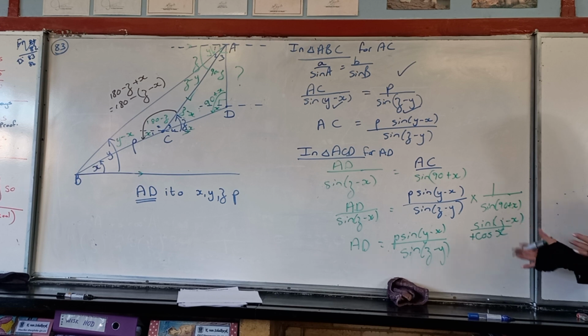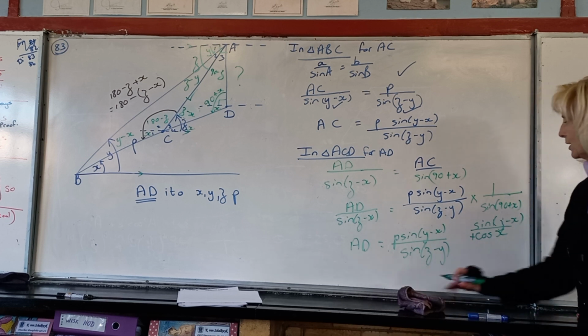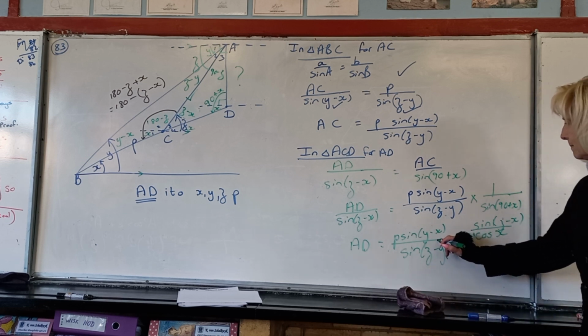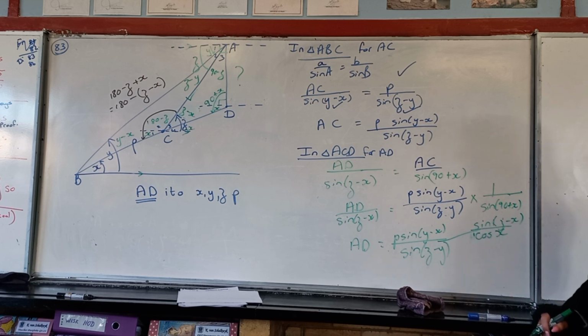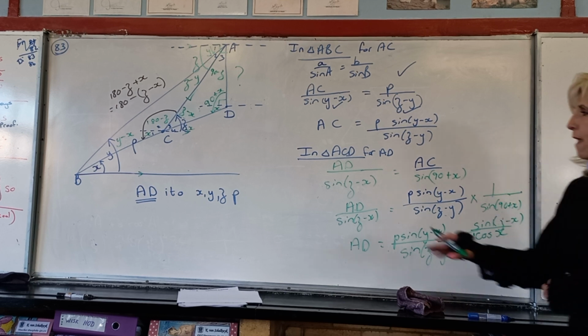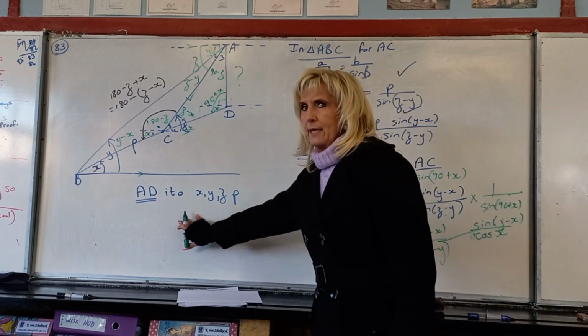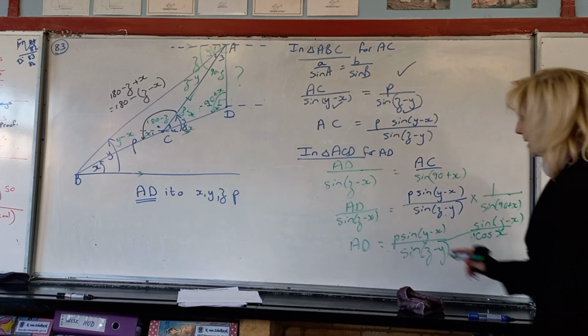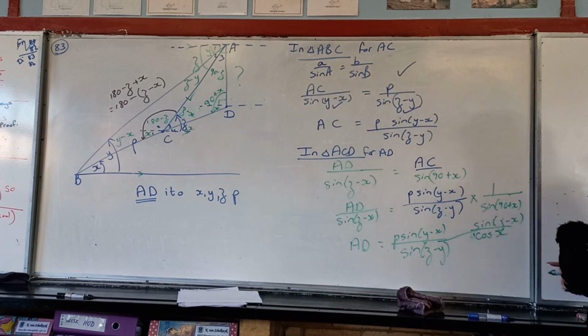And then I can actually leave it that way, but it just feels like it's not finished. Normally when we've got fractions, we make one big fraction as an answer. How can I do that? Done. Are you with me? Now, most of the time, these guys tell me, prove that AD is equal to. And then it might have been this one first and this one second.